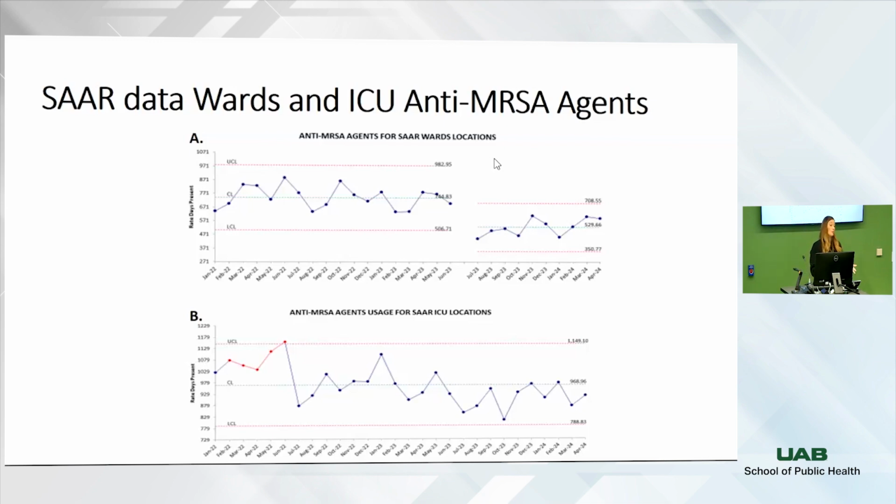In our ICU, we did not, but we do have a downward trend still, which is good and what we want to see. If you'll notice on graph A, this data is in the process of being published right now. Our actual new working upper limit is consistent with our old average. So we were able to greatly reduce the amount of anti-MRSA agents we were using on the wards.